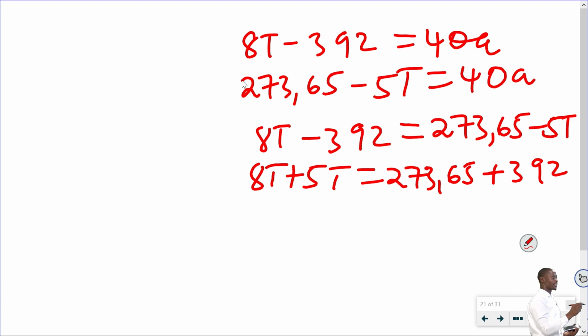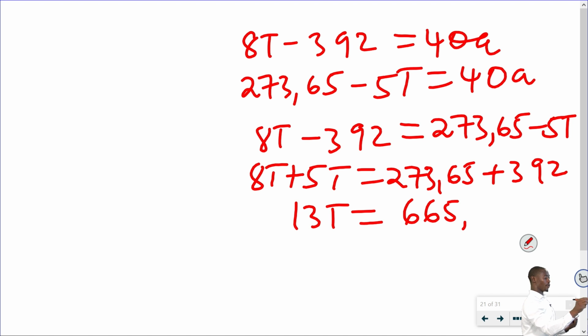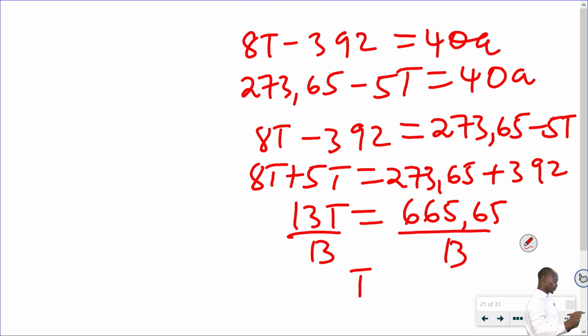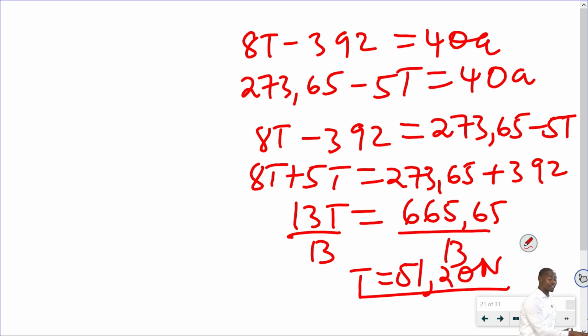So 5t plus 8t is 13t equals to 273.65 plus 392. Okay, so what I'm having there is 665.65. Then you divide that by 13. So your answer will be 51.20 newtons, right?